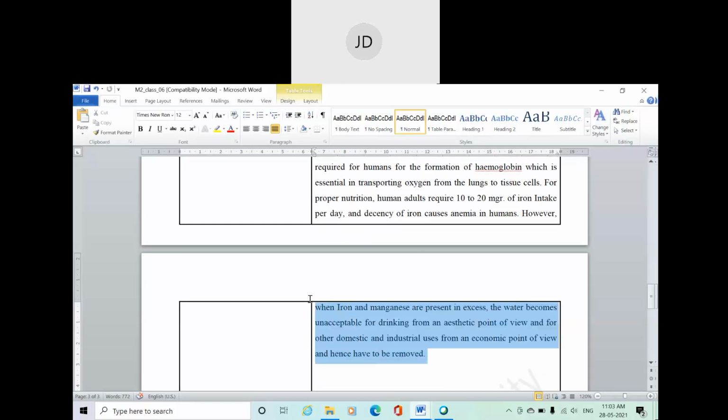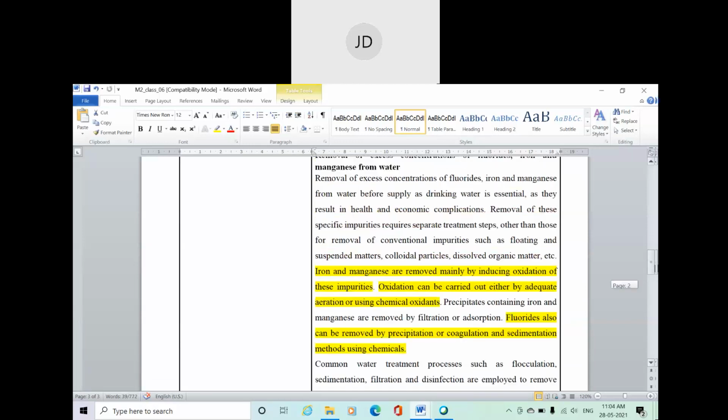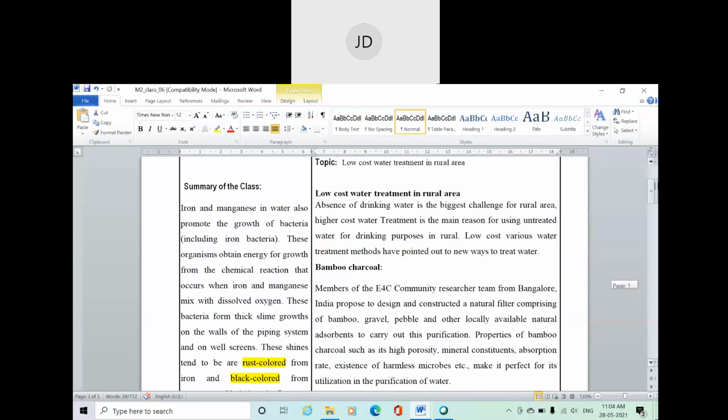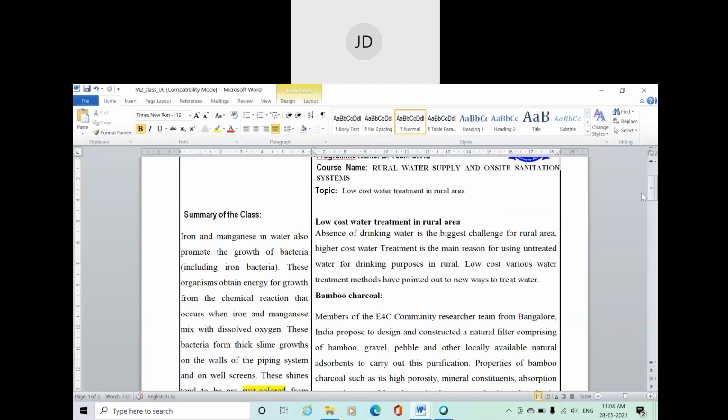Clear? So this is all about the removal of iron, manganese, and fluorides from water. With this, we have completed the second module. In this module, we have discussed different water treatment plants, starting from point of entry, then point of use, water filters, different types of water filters, and different types of impurities.